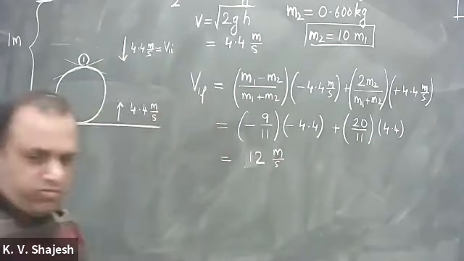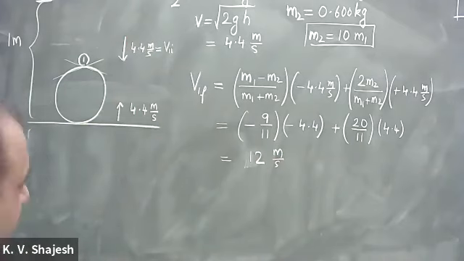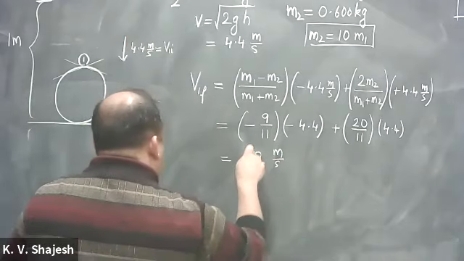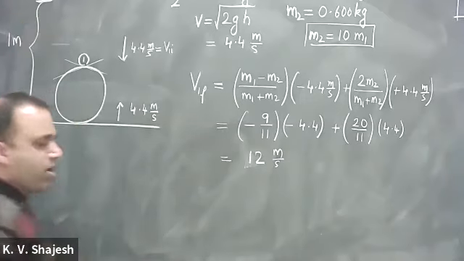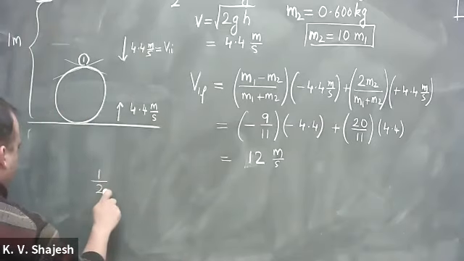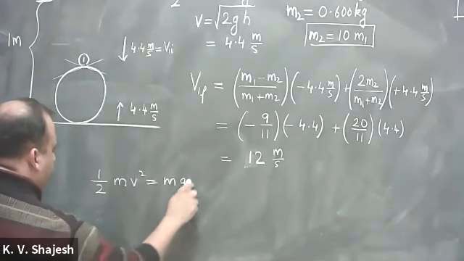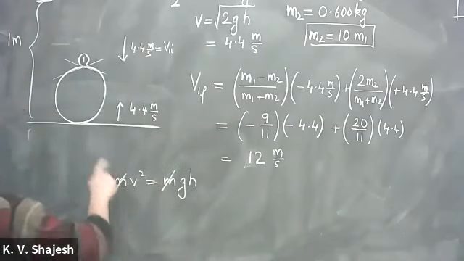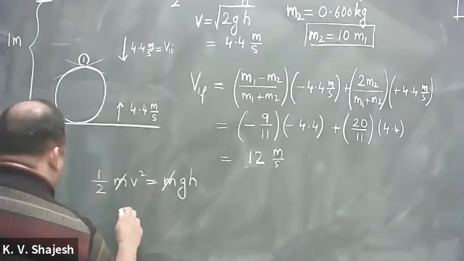So it came down with 4.4 meters per second, and it went up with 12 meters per second. That's a significant amount of velocity gain. But then how high is it going to go? It was dropped from a height of 1 meter. How high will it go? We again use half mv squared is equal to mgh. Masses again cancel, and we are interested in how high it goes.